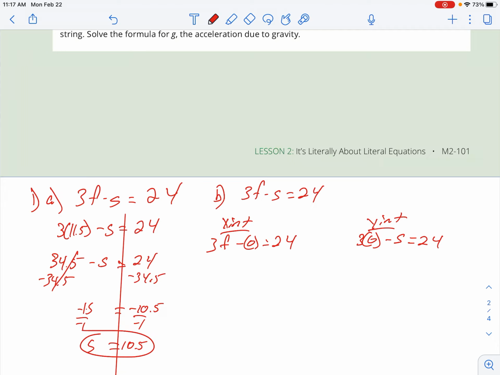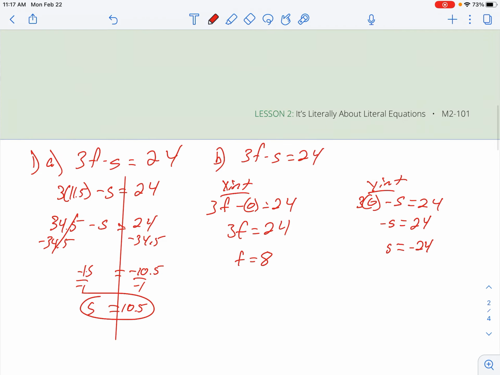Okay? Negative 1 times 0 is always 0. And F equals then 8. And over here, 3 times 0 is 0, and negative S, so S equals negative 24. Now, in this case, the F of 8, the x-intercept, represents the length of the foot in inches when the shoe size is 0.